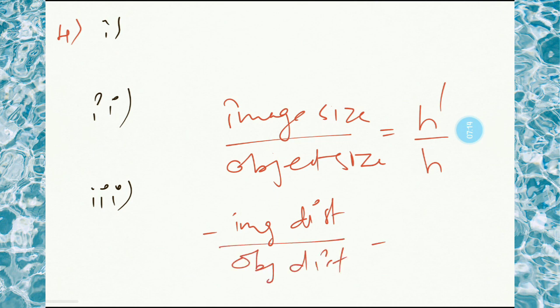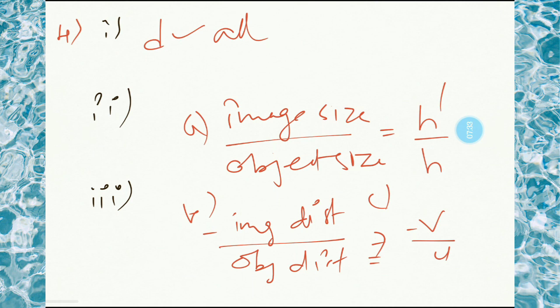Yes, that is nothing but minus v by u, and the same thing is there in option C. So A, B and C all are correct, so that is option D, all are right.